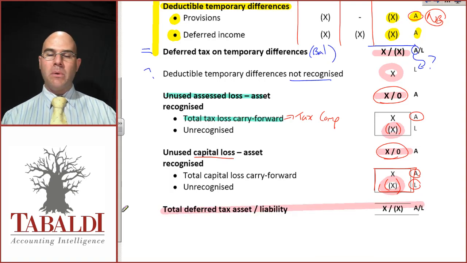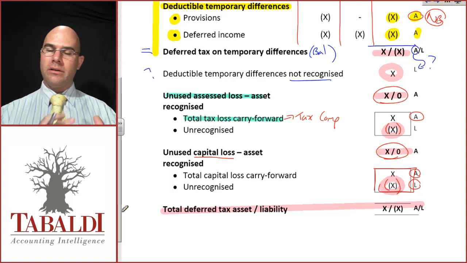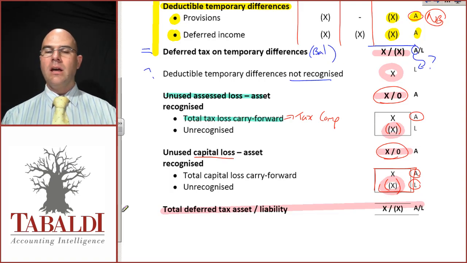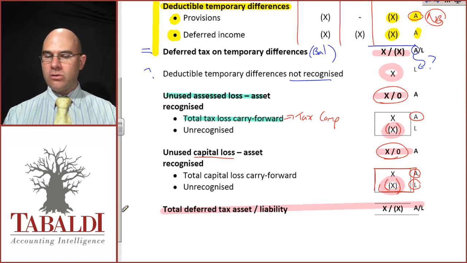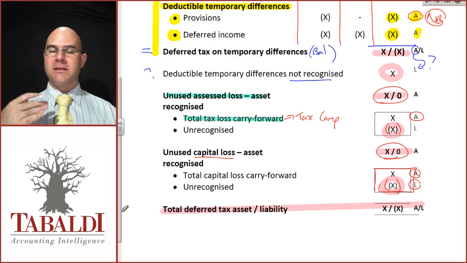Now, there's some discussion about whether those things should be offset or not on the face of the balance sheet. We'll look at that later on. But basically, if you have a legal right and intend to offset the two, then you can show them as one net amount. If not, you may need to split out one or two assets or liabilities from the rest.